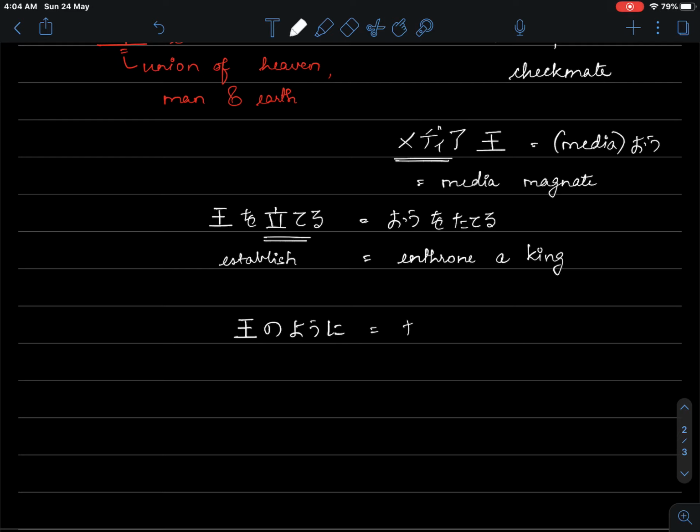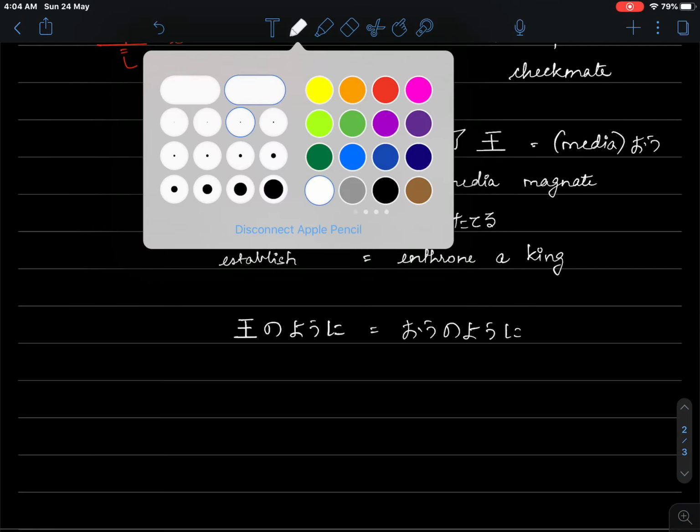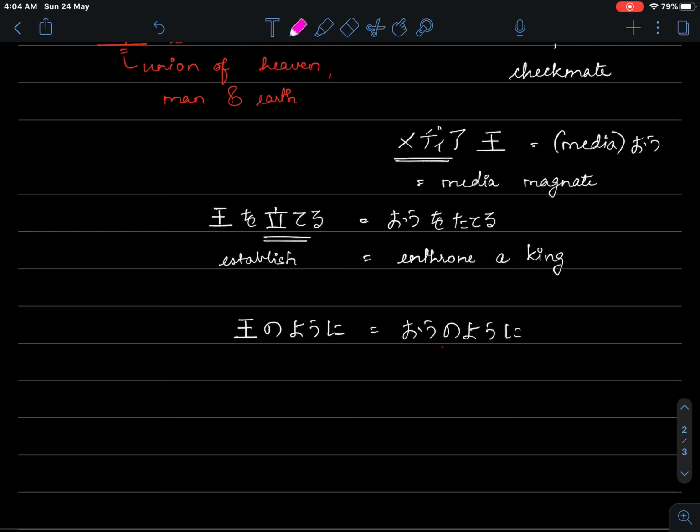O no yoni. O no yoni. Now one tip here, this no yoni is kind of like a grammar pattern.